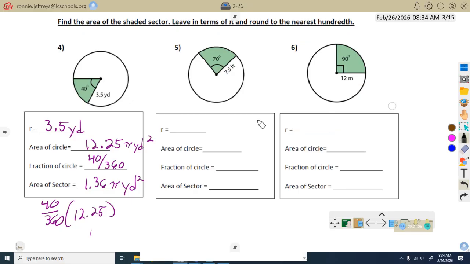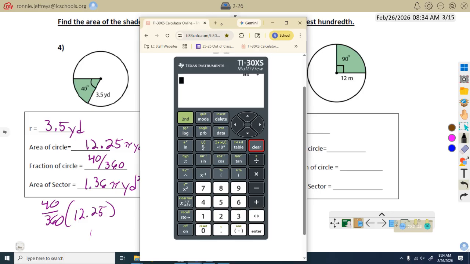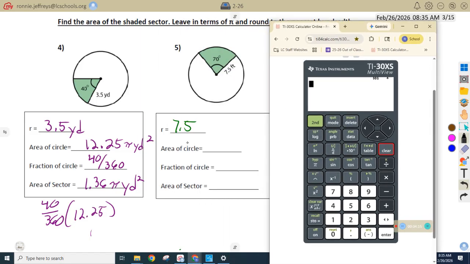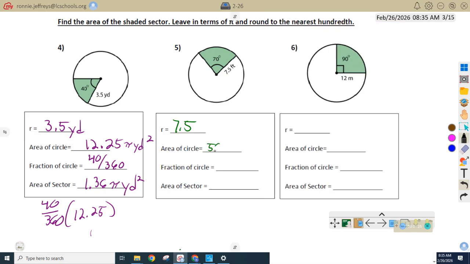All right. Radius is 7.5. This is why, because look, you got to find the radius, the area, circle. It's the same. These first two questions are exactly what you had to do on 1 through 3. If you were paying attention. Feet, pi, feet squared.